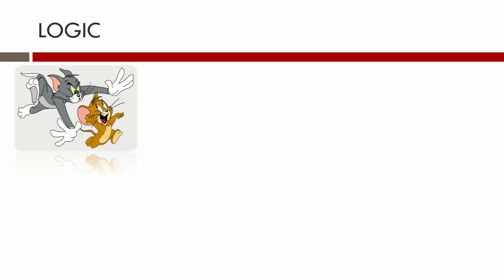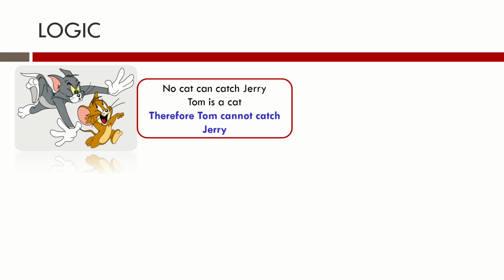Now, the name of our course is Logic for Computer Science. So what is logic exactly? Let us see an example. You all might have watched Tom and Jerry shows, right? So let us make some statements. The first statement is, no cat can catch Jerry.